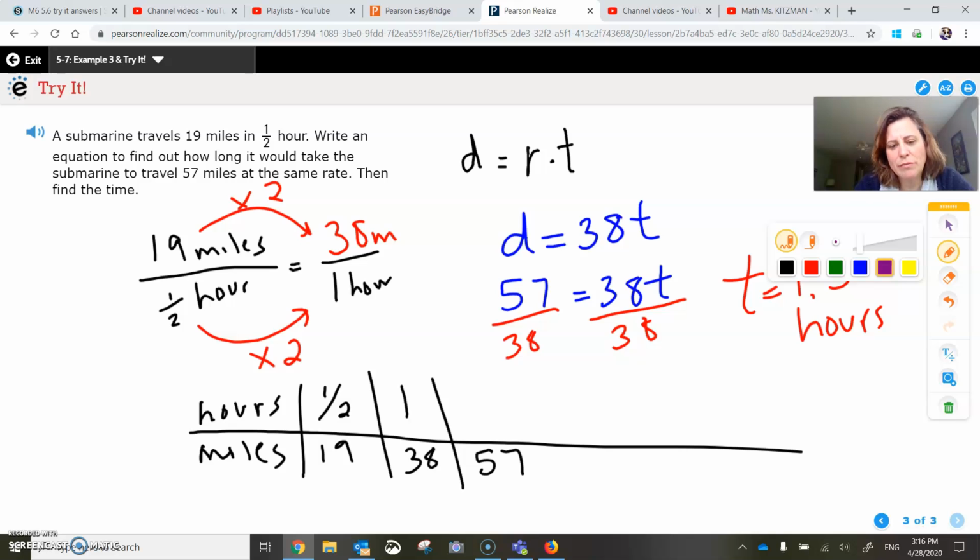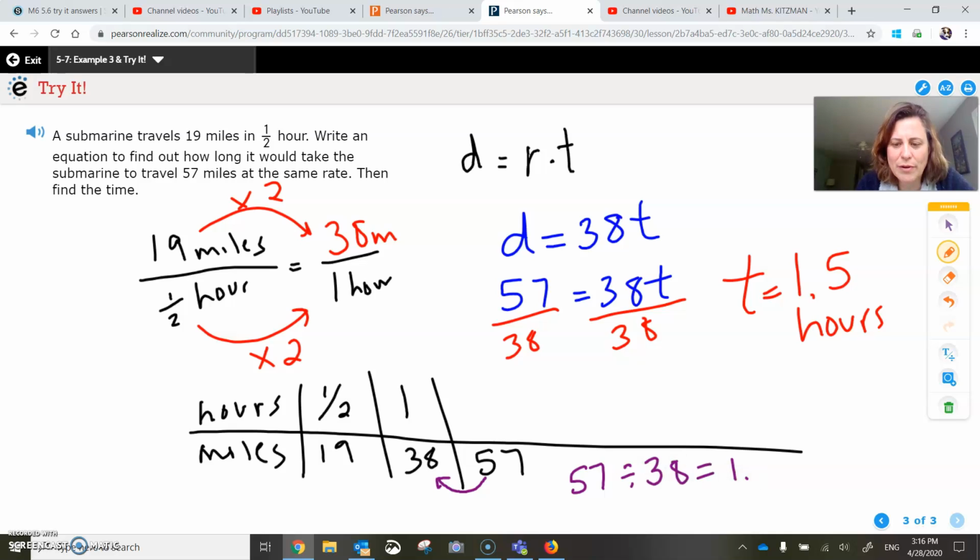If you want to know what to multiply by as you go from 38 to 57, the way you figure out what to multiply by is you divide in reverse. So you do 57 divided by 38, which is 1.5.